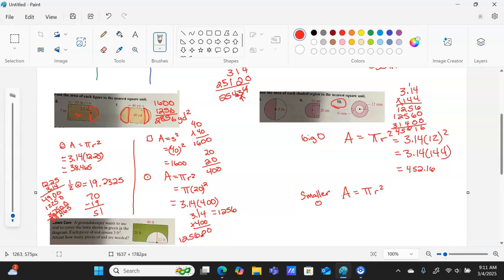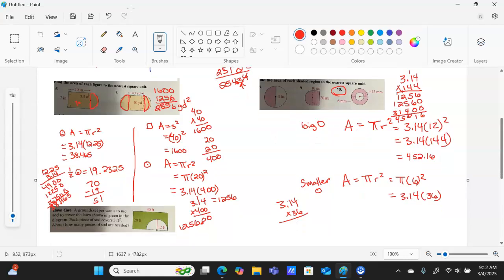And then the area of the smaller circle, which I'm going to need to subtract out, is pi r squared. And it has a radius of 6. I know that because from the center to the bigger circle is 12, and this is 6. So 3.14 times 36. And 6 times 4 is 24.